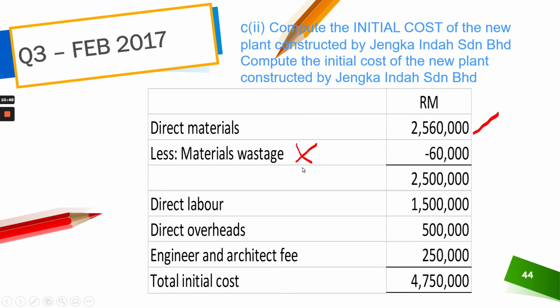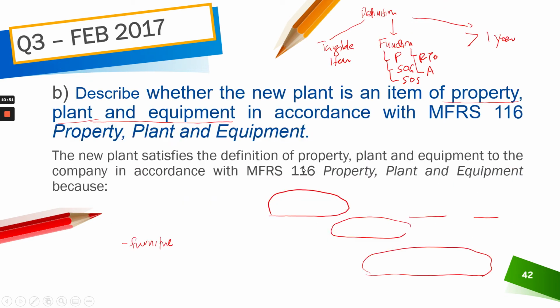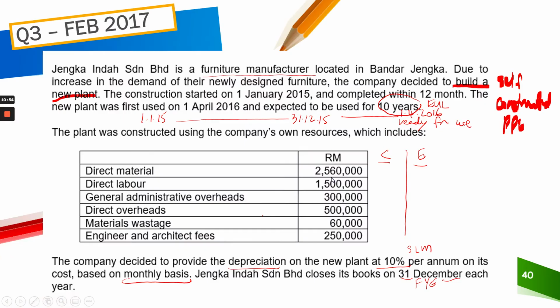So the direct material, if you can recall earlier on, the direct material was 2560, you can see here, and you can also notice that the 60,000 was what wasted, so that has to be excluded. So these are going to be capitalized, this will be capitalized, this one will be expensed as general admin. Direct material, direct overhead will be expensed, but this one will be excluded. Engineer and architect fees will be capitalized.